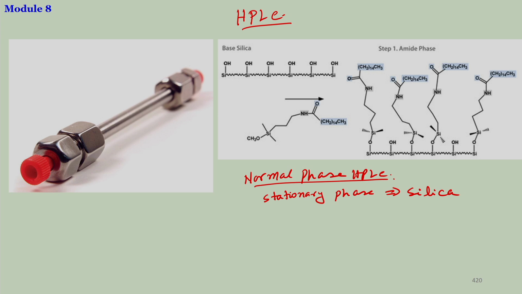The basic working principle of chromatography is that it has one stationary phase that does not move, and on that stationary phase you inject your sample. The sample will bind to the stationary phase by different physical interactions, such as adsorption, ionic interactions, polar interactions, and so on.